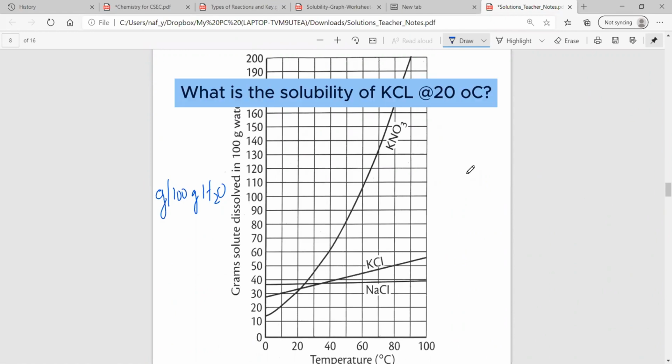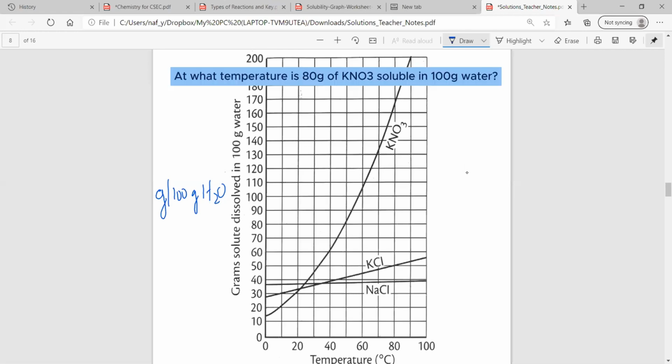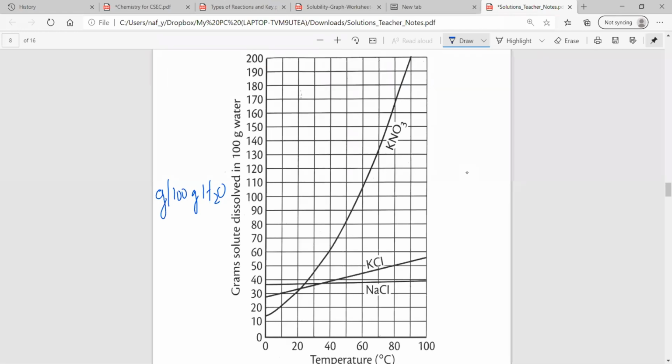Another thing that we can use the graph to do is to find the temperature at which a given amount of solute can dissolve in your solvent. So a question could be, at what temperature is 80 grams of potassium nitrate soluble?